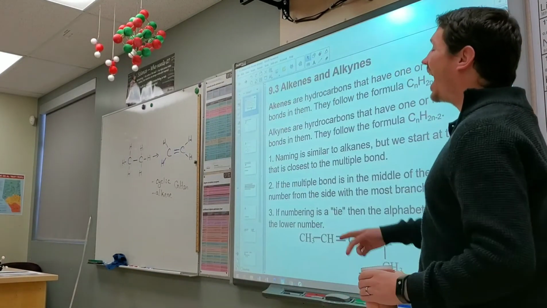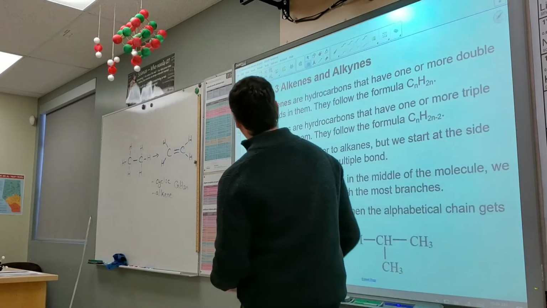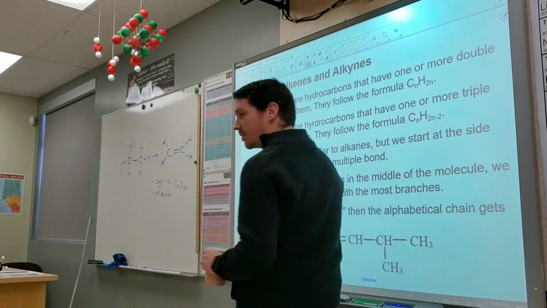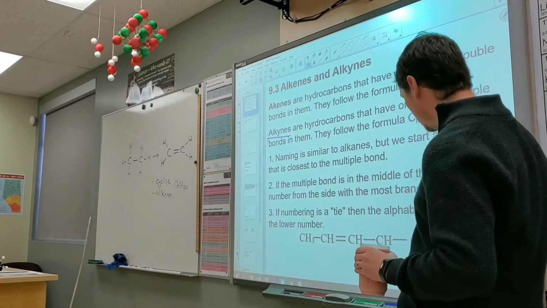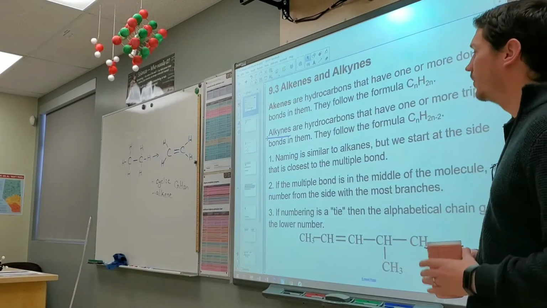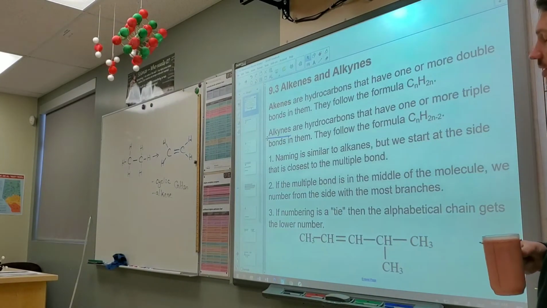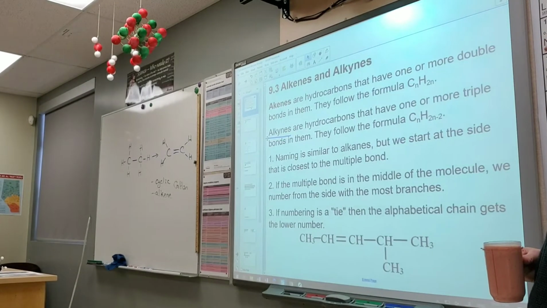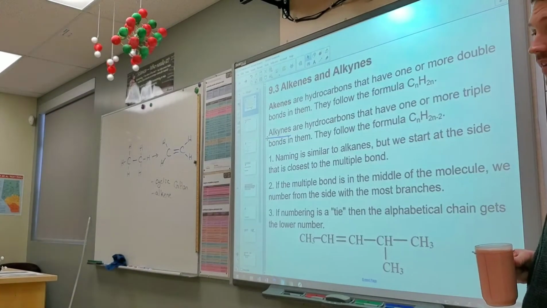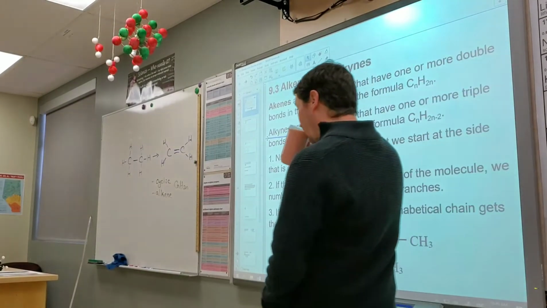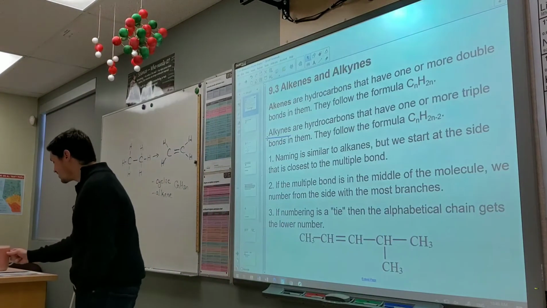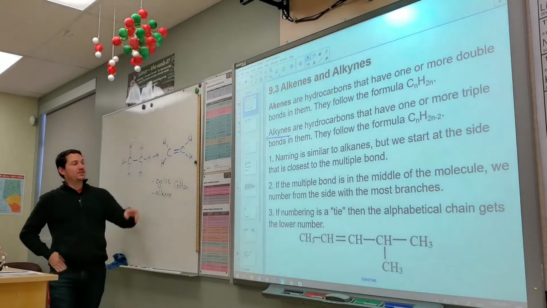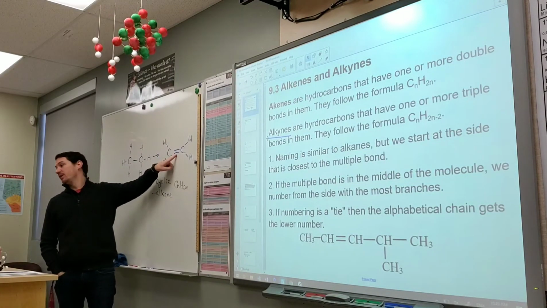So alkynes, I should have bolded that. Can you at least underline it or something? Alkynes. Yes. Alkynes are hydrocarbons that have one or more triple bonds in them. So if I wanted to turn this into a triple bond, what would I have to lose? 2 more hydrogens, right?